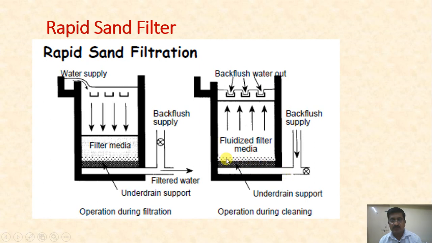Because of this, the layers get turbulated, and any impurities get washed and move towards the backwash water troughs, and are taken out to the central wastewater drain. So this is very easy to understand: what normal filtration is and what the backwash supply is.